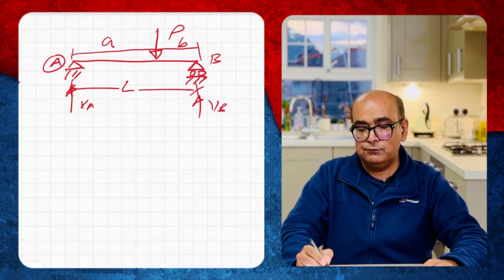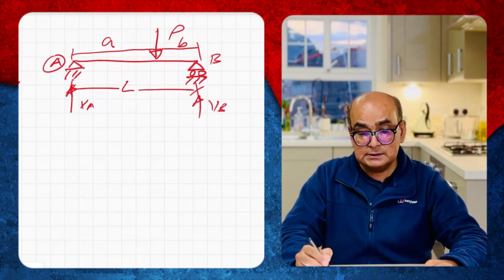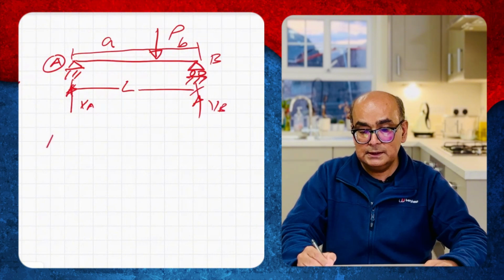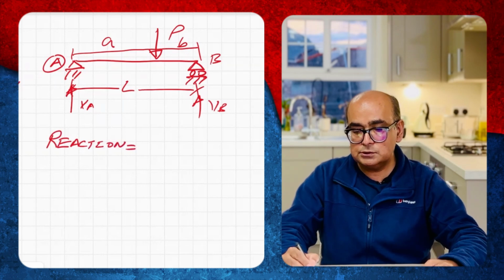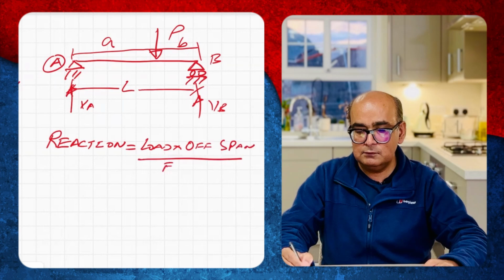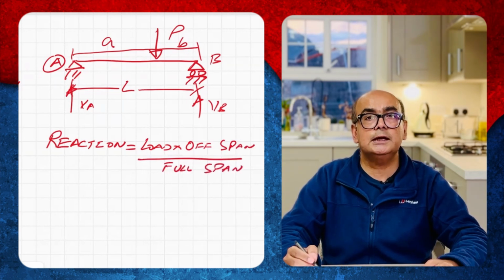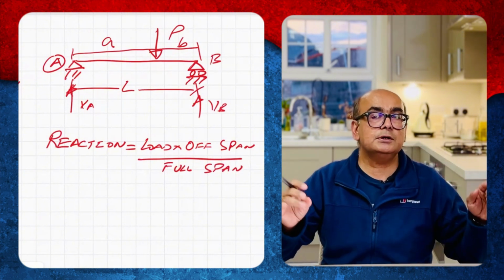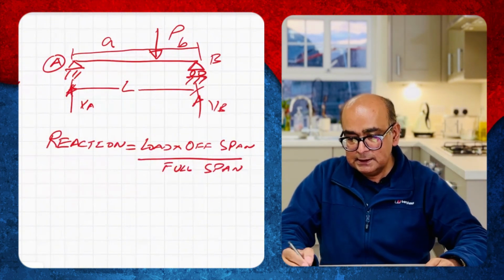Then the formula for this type of load is that for off-center load, reaction is equal to load times off span divided by full span. This is a generic formula that you can use for any off-center point load when the load is not applied at the center.